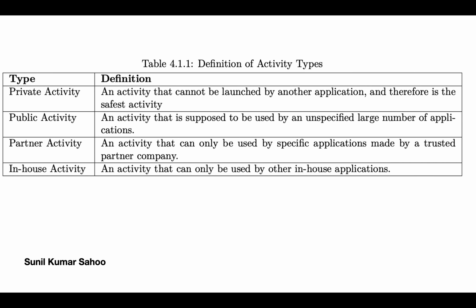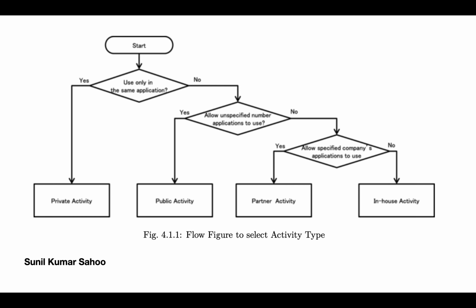So let's now read about private activity, how we can create it and how we can use it. Before going there, this is the flow diagram which will help us decide which activity to use under which type of scenarios. First use case: whether my activity's purpose is to be used in the same application.